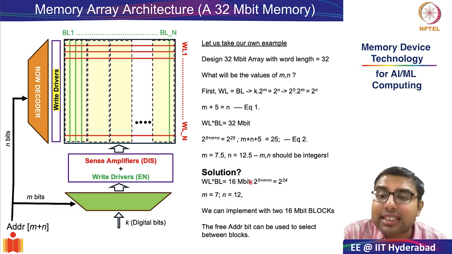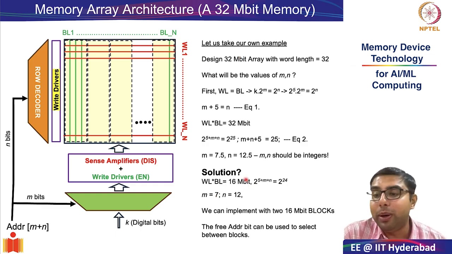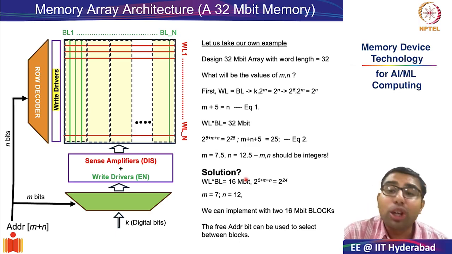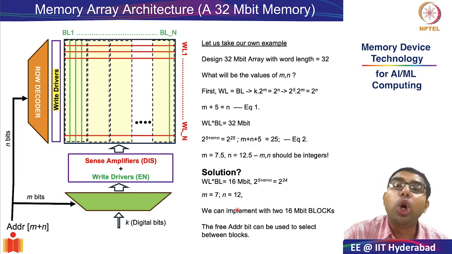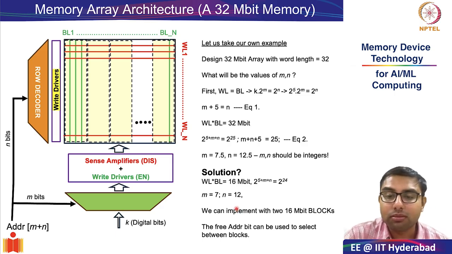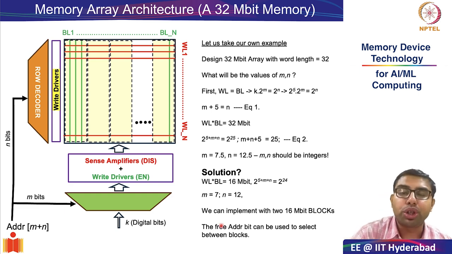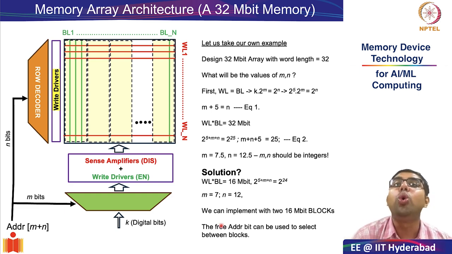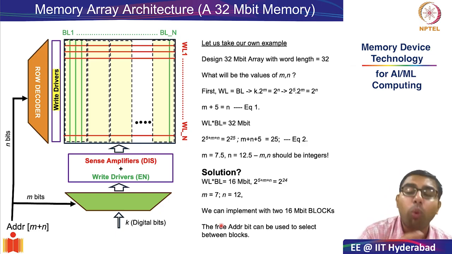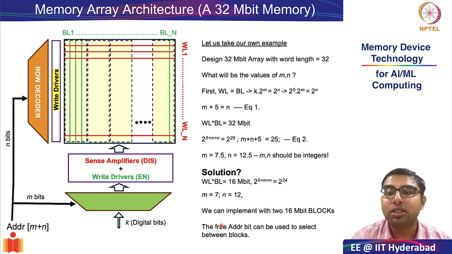We have only successfully built a 16 megabit array. So the solution is, why don't we have two separate blocks of 16 megabit arrays? And the free address bit can now be used to choose between the two blocks. As you know, one bit can choose between block 1 or block 2.